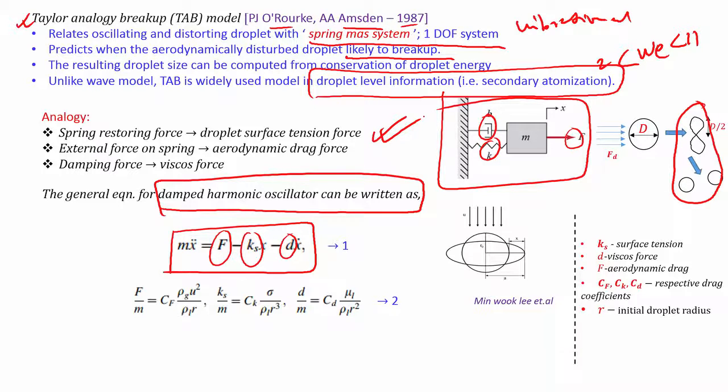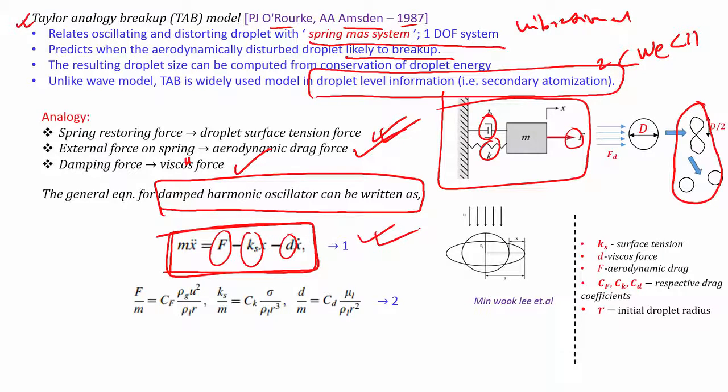The external force is the aerodynamic force, and the damping force is nothing but the viscous force. So based on this equation, this is a spring mass system which has surface tension as the restoring force, viscosity as the damping force, and aerodynamic force as the forcing function.